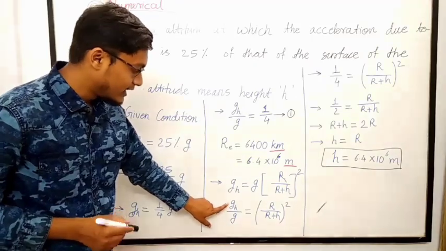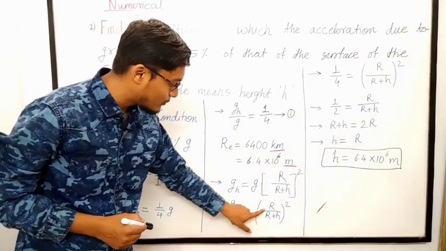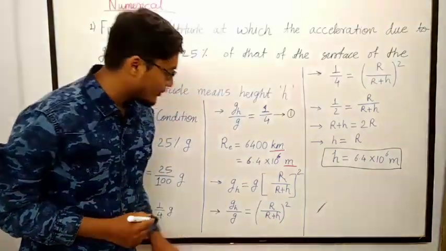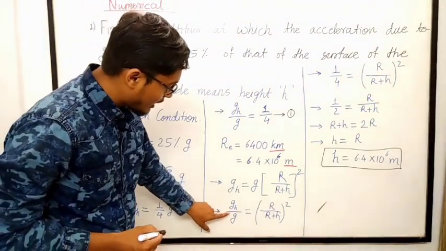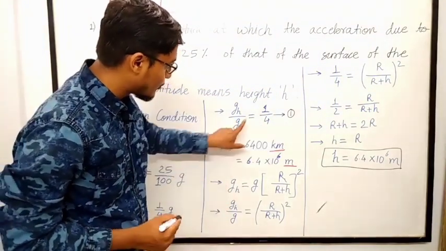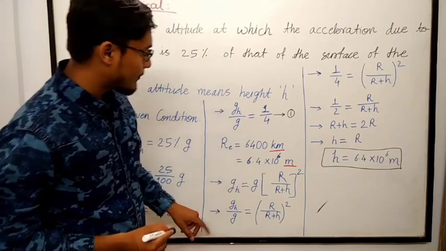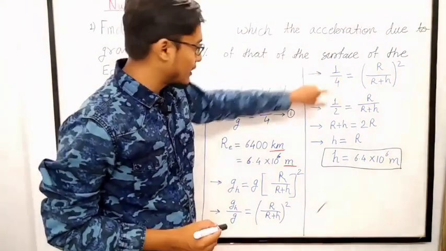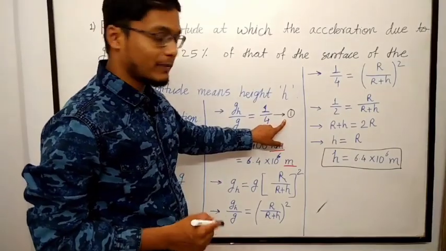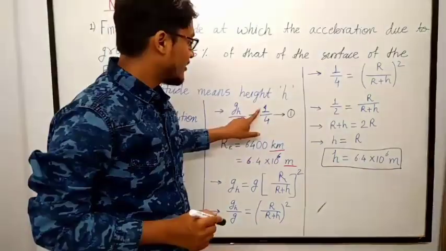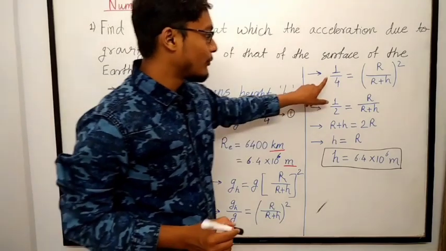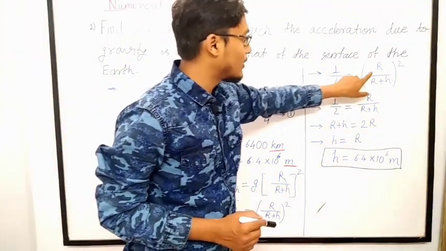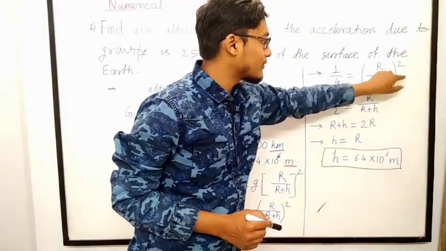So in the next step g_h by g is equal to (r by r plus h) whole square. But we have the g_h by g ratio in expression 1. So we will put this value in the next step. What we will get is 1 by 4, which comes from expression number 1, where the g_h by g ratio is 1 by 4. So we have 1 by 4 is equal to (r by r plus h) whole square.